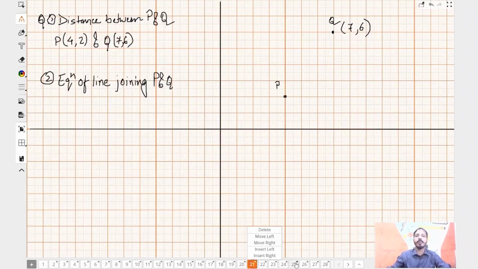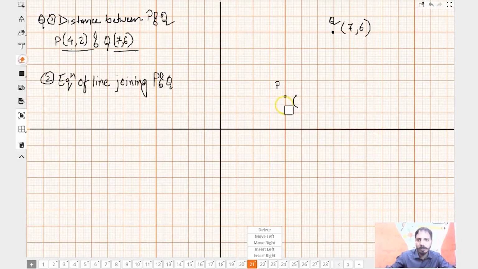First one is distance between 2 points. Now suppose there are 2 points which are given to you, and we know that if we have 2 points, we can draw one and only one straight line. That means from given 2 points, only one straight line can pass, right? So that's unique. So now say this is 4, 2. So this point is say 4, 2. That means say this is my x-axis and this is my y-axis.